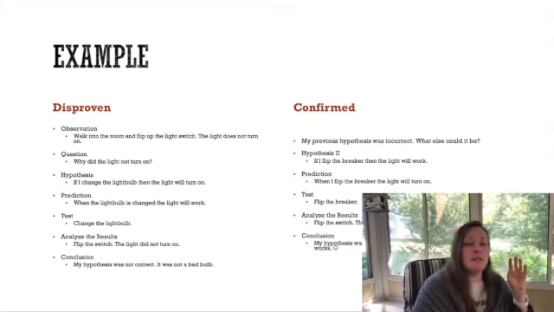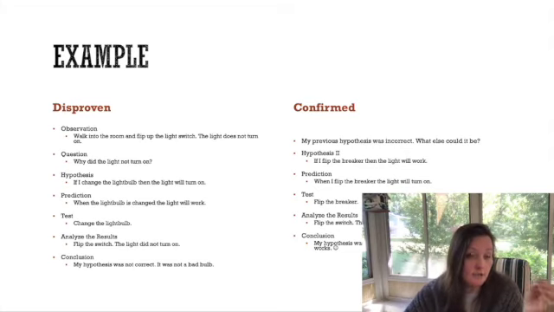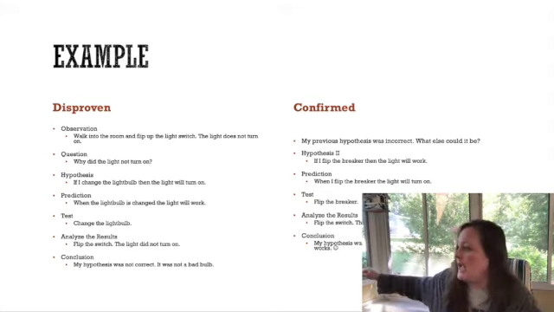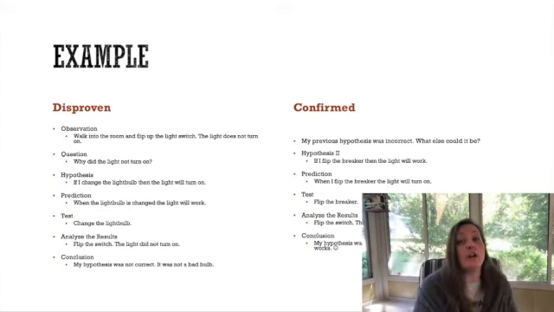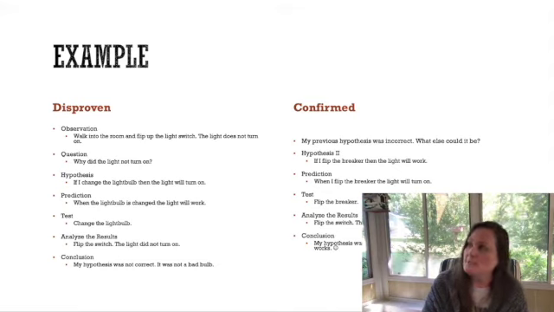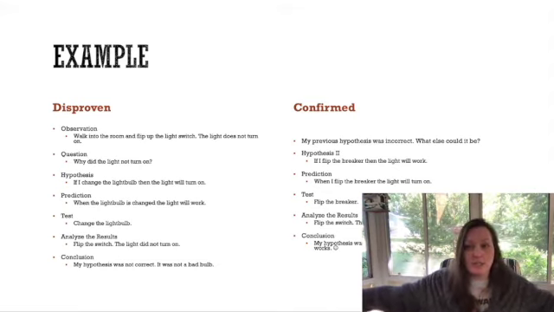Hypothesis, if I apologize and take out the trash, she'll be happy. Prediction, when I do this, it's going to work, or something to that effect. Test, I take out the trash and I come back in and go, I'm sorry, I forgot to take out the trash. I just did it. Results, she seems happier. Conclusion, yes, that's what it was. I just forgot to do the trash.